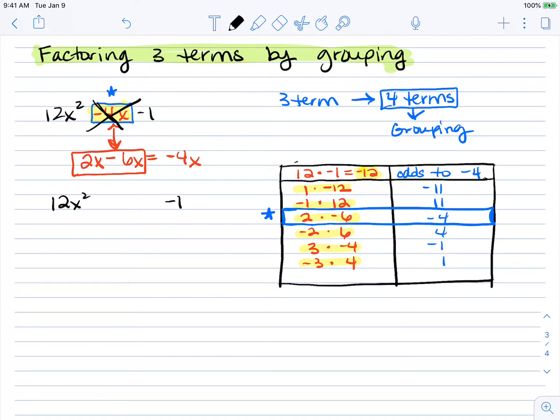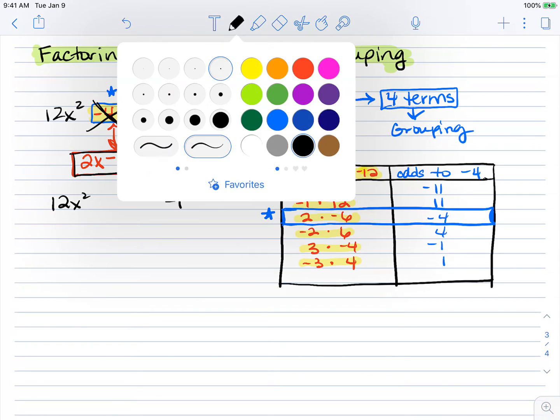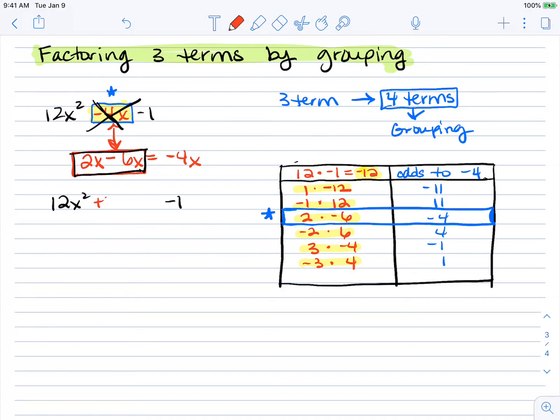I'm not using this. I'm going to use that instead. So I'm going to change it out with this positive 2x and minus 6x because that's equivalent to -4x. And I've officially taken my 3 terms and turned it into 4 terms, which means now I have the ability to factor by grouping.